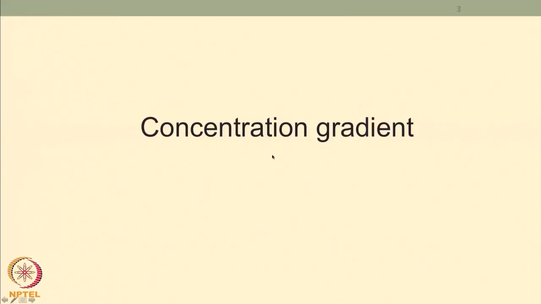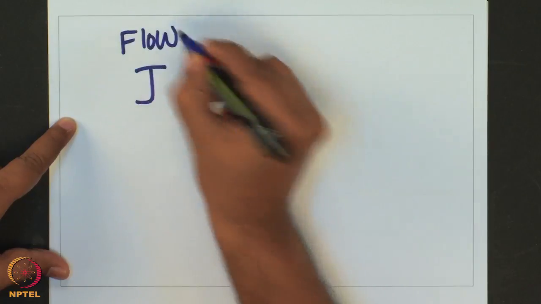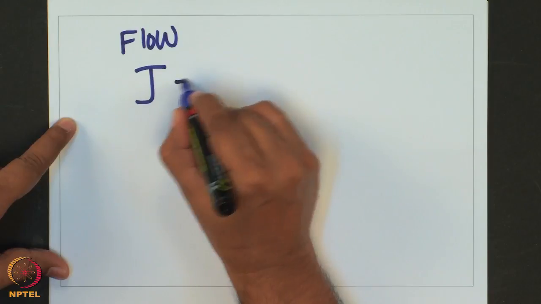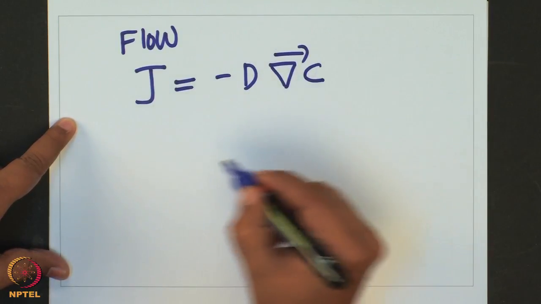So, we just learned about concentration gradient, and let us understand this a little bit more in the context of diffusion. What we stated is that the flow of proteins is equal to minus D del c.